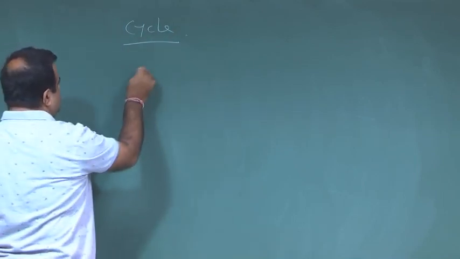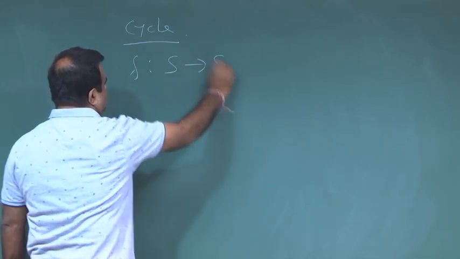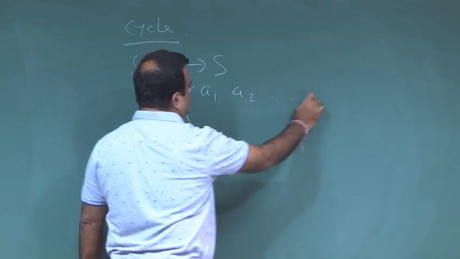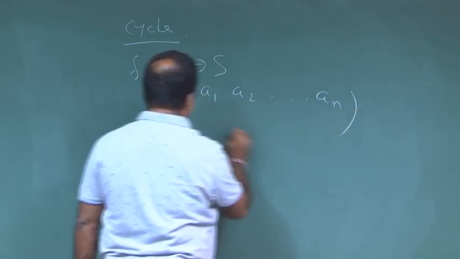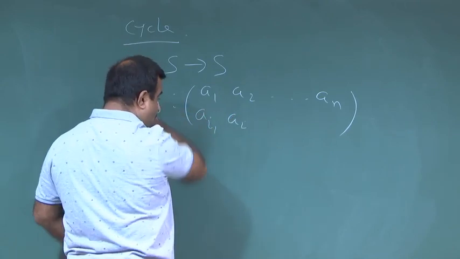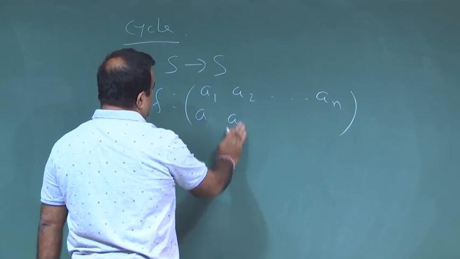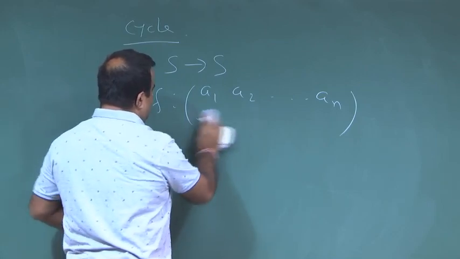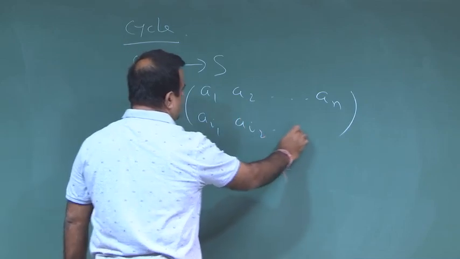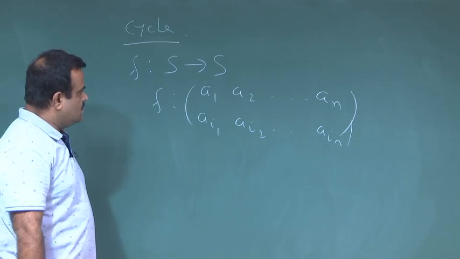Suppose you have a permutation f from S to S, and S is basically A1, A2, and so on. Some rearrangement, say AI1, AI2, up to AIN, some rearrangement on this.